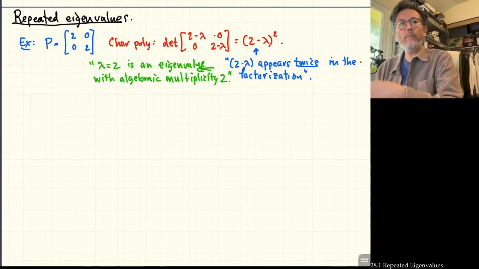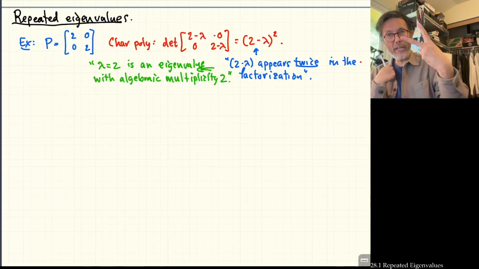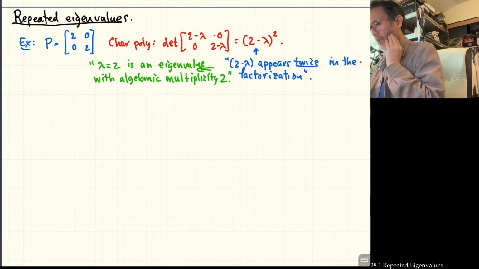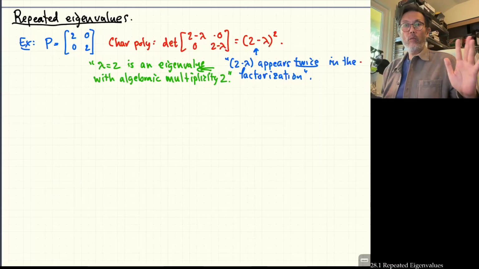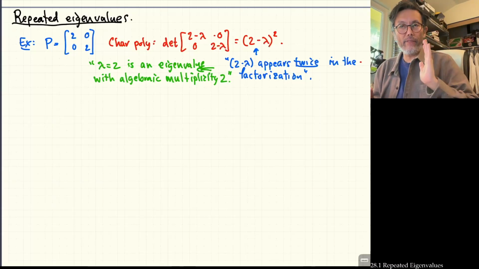This algebraic multiplicity 2 is because 2 minus lambda appears twice in the factorization. Okay? All right.